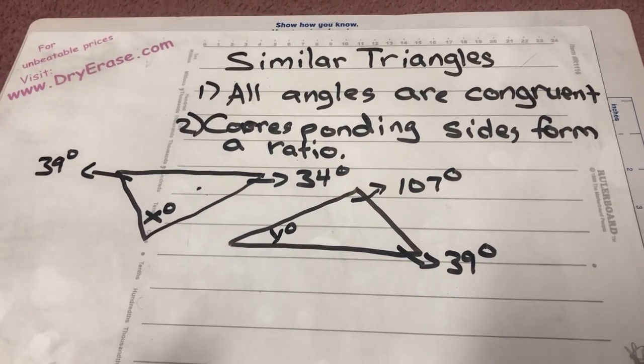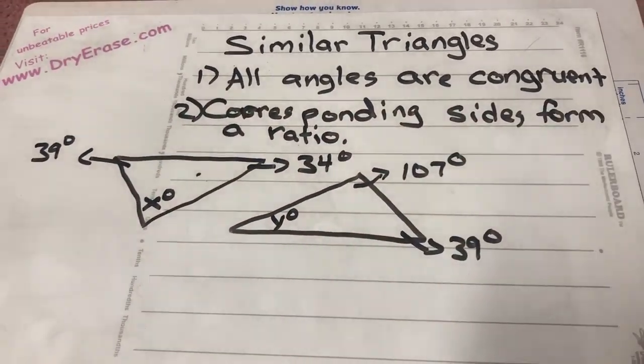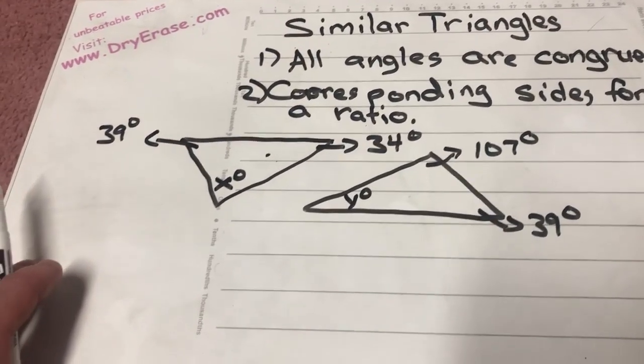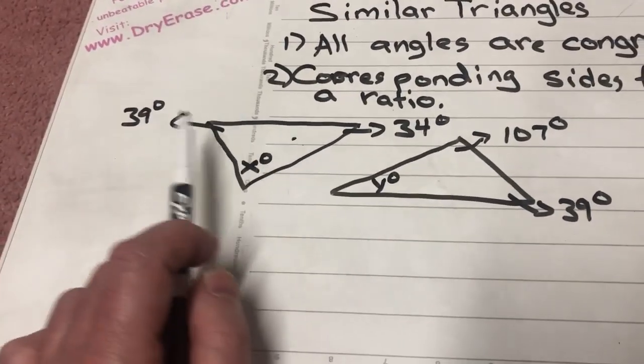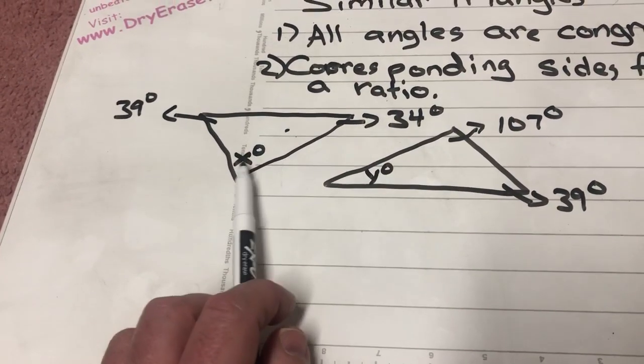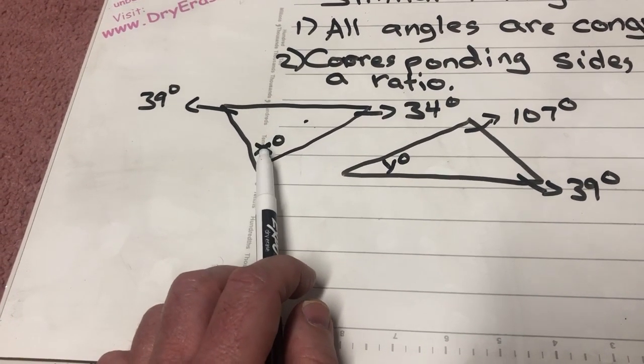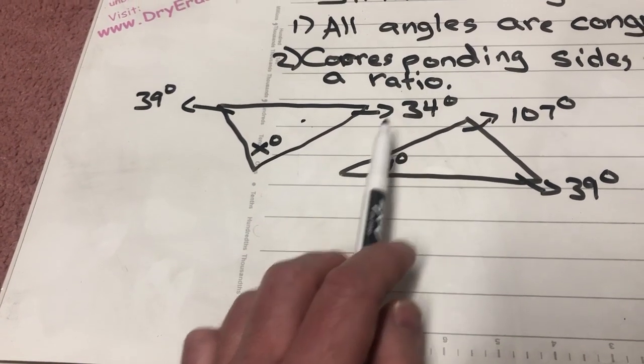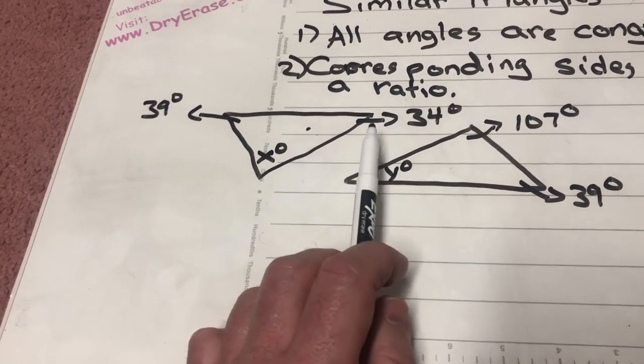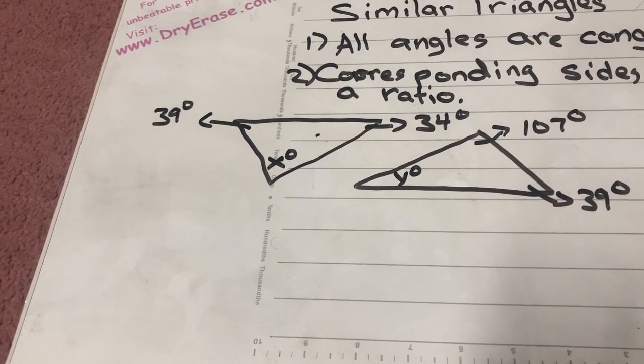But they would be similar because all the angles are congruent. So I'm going to look at this first triangle here, 39 degrees, 34 degrees, x degrees. Now remember what we did the other day. In solving for x, we want to remember that all three angles of a triangle equal 180 degrees.